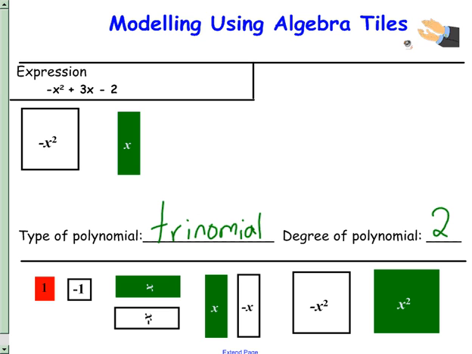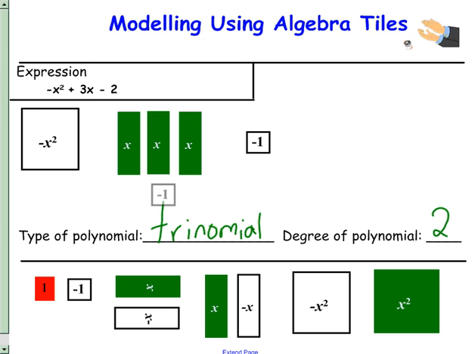So positive 1x, 2x, 3x. And lastly, negative 1, negative 2. These are unit tiles. It helps if students separate these into 3 individual categories and recognize that there's 3 different shapes, 3 different sizes, and that the coefficient tells you how many tiles and whether they should be positive or negative.